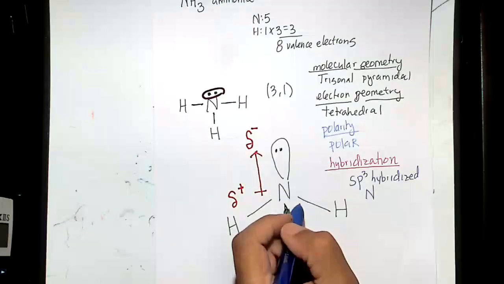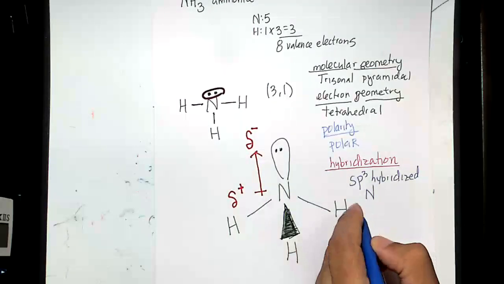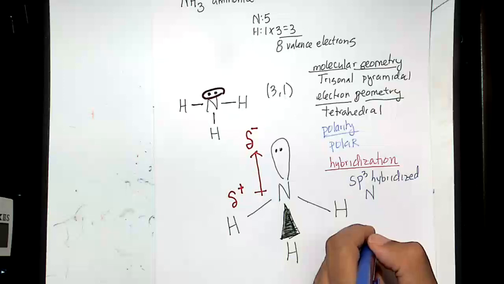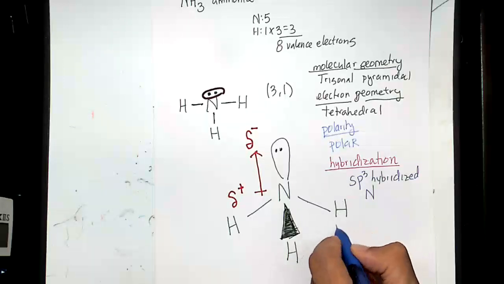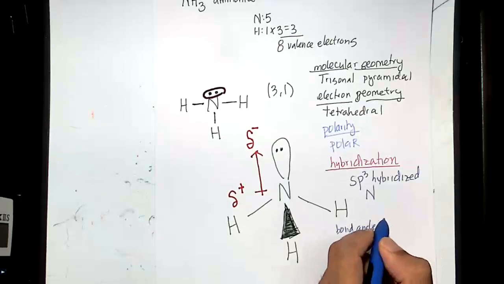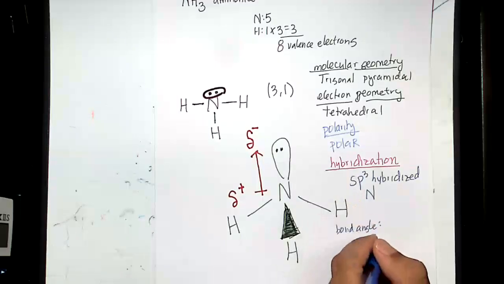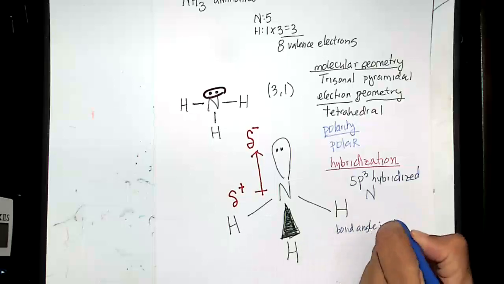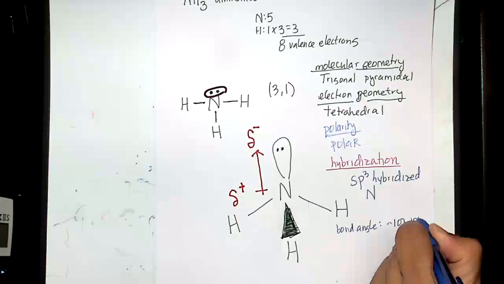Okay, what's the bond angle here? Less than 109.5. I do not know the exact number off the top of my head, but the bond angle is going to be, I don't know. I can look at the textbook, maybe the internet, though I'm not a big fan of looking up these things on the internet. The textbook, maybe 108, 107, I don't know. It's not something for us to memorize.